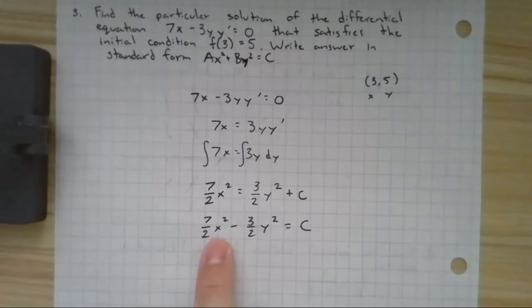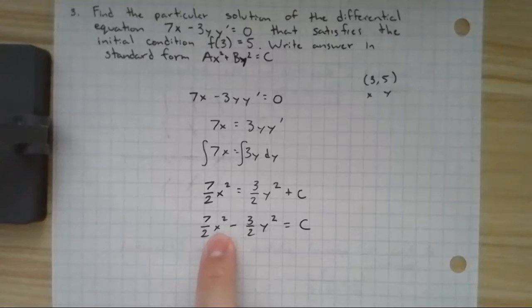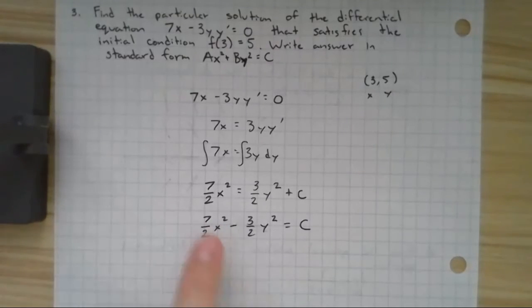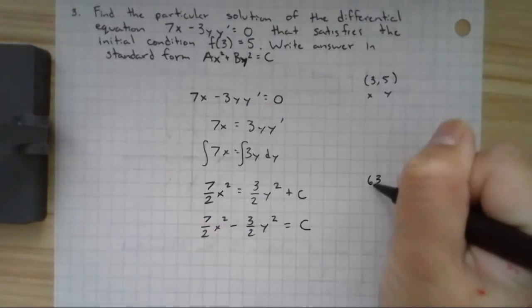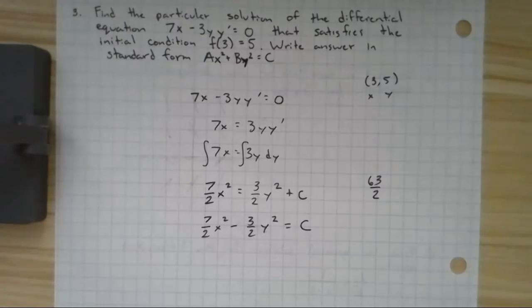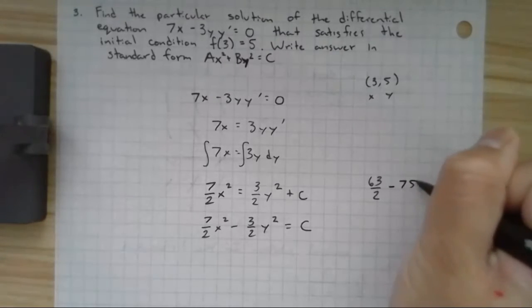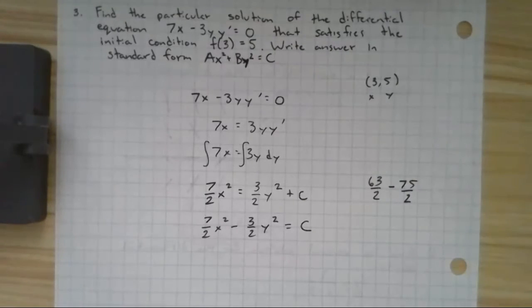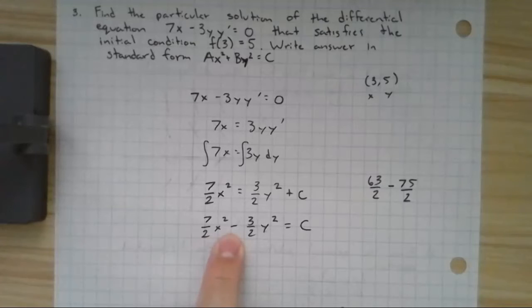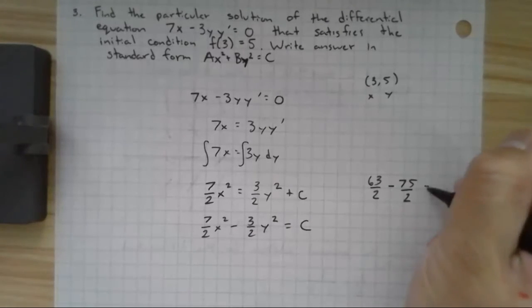So if I plug in 3, I'm going to get 3 squared, that's 9. 9 times 7, 63, so 63 over 2. If I plug in 5 right here, 5 squared, that's 25. 25 times 3, that's 75 over 2. So 63 over 2 minus 75 over 2 is equal to c.